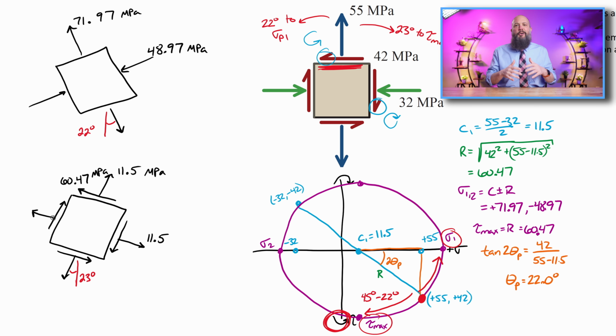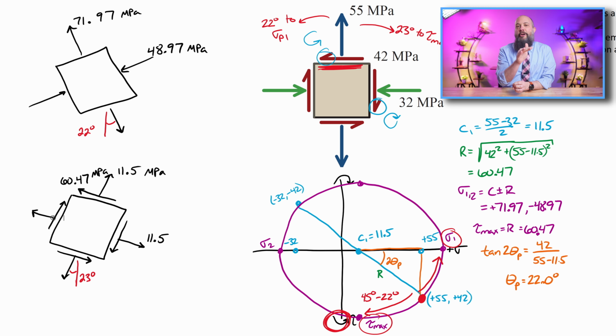counterclockwise. Or oppositely, suppose instead of looking at this 55, which is in the bottom right of Mohr's Circle, we were looking at the negative 32 that was in the top left of the circle. When we rotate that negative 32 up until it gets to the top, right, the max in-plane shear stress at the very top of Mohr's Circle, at the top of Mohr's Circle, shear is rotating in a clockwise direction.